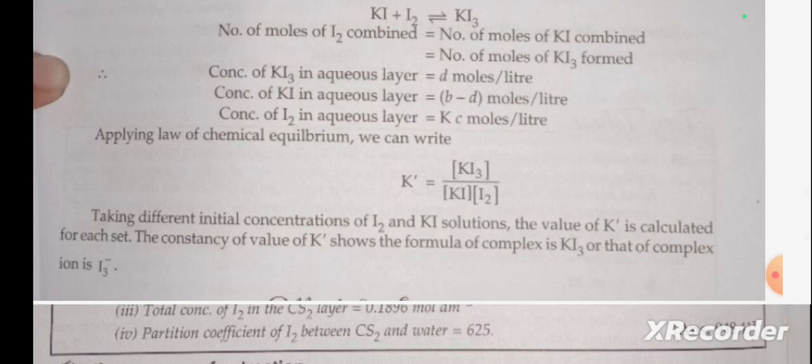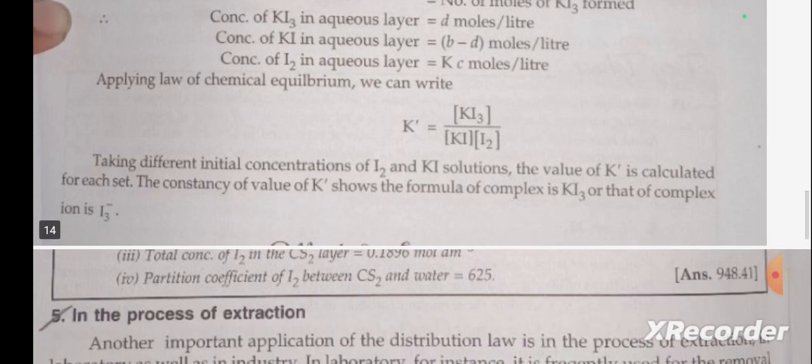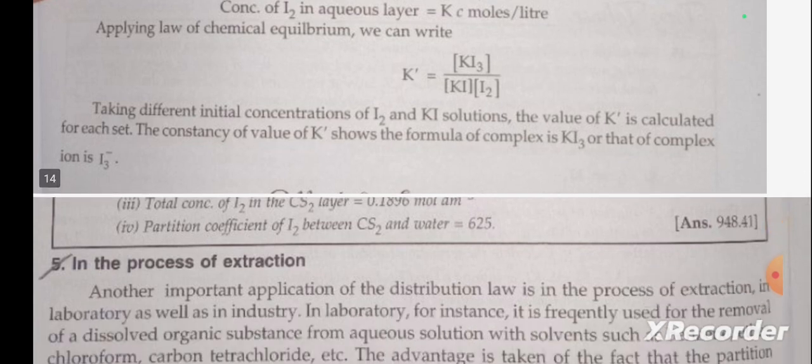The concentration of free I2 in the aqueous layer is KC moles per liter. Applying the law of chemical equilibrium, we can write K' = [KI3] / ([KI][I2]). Taking different initial concentrations of I2 and KI solution, the value of K' is calculated for each case. The constancy of the value of K' shows the formula of the complex KI3, and that the complex ion is I3⁻.